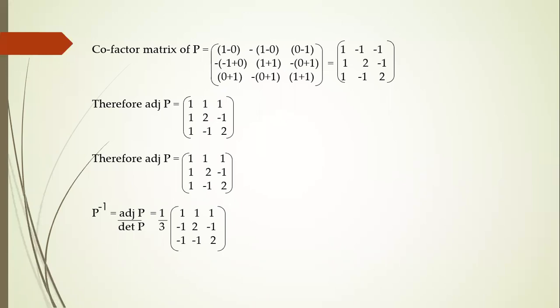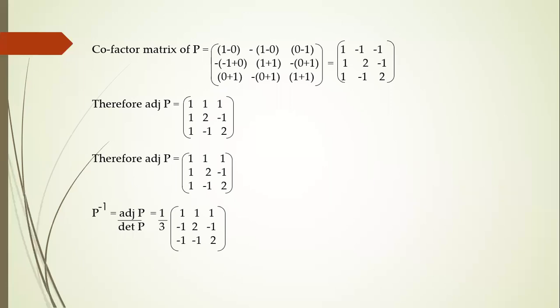Therefore, the adjoint of matrix P is [1, 1, 1], [1, 2, minus 1], [1, minus 1, 2]. P inverse equals adjoint of P divided by det P, which is 1 by 3 times the adjoint matrix.